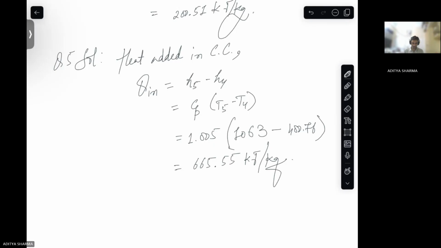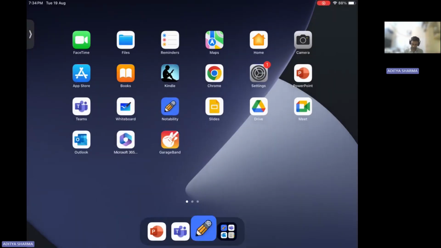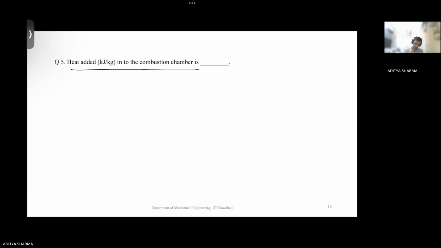Okay. So this is your heat added in combustion chamber.